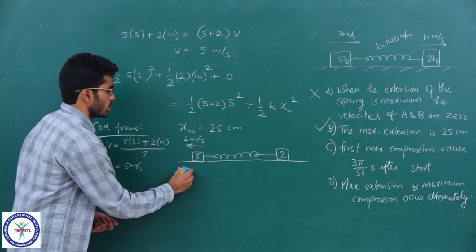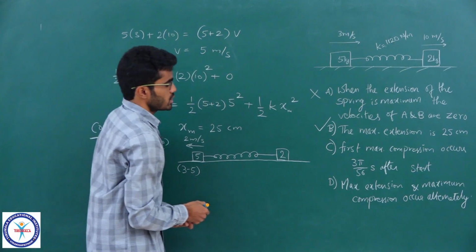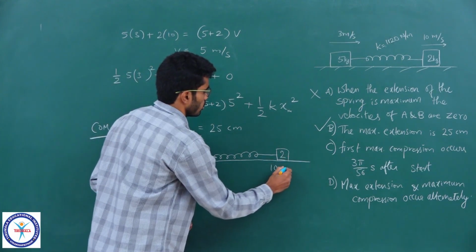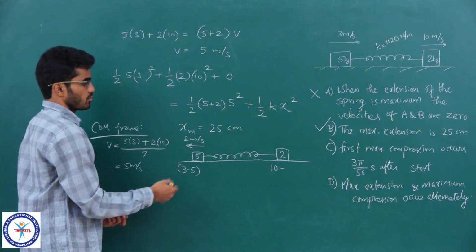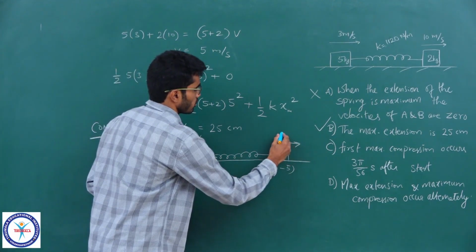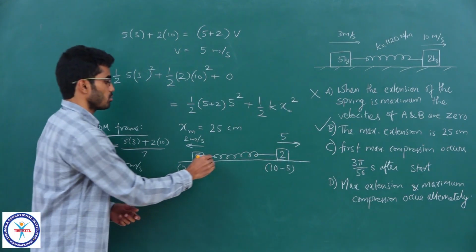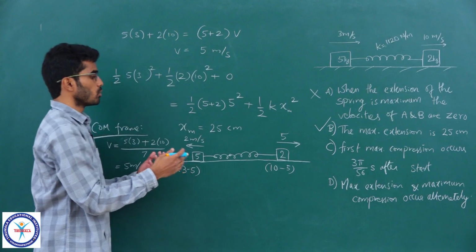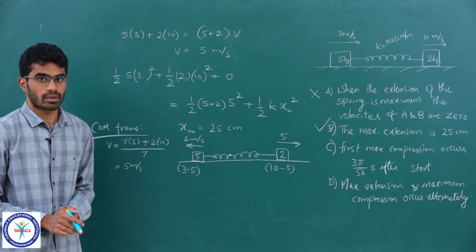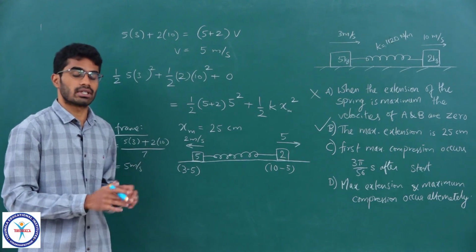And the velocity for the 2 kg block is 10, and the center of mass velocity is 5 towards right. So, 10 minus 5, it is plus 5, towards right. So, in center of mass frame, we will observe that both blocks are moving away from each other. That means the spring will initially start to elongate.